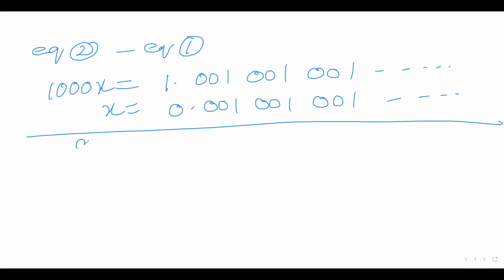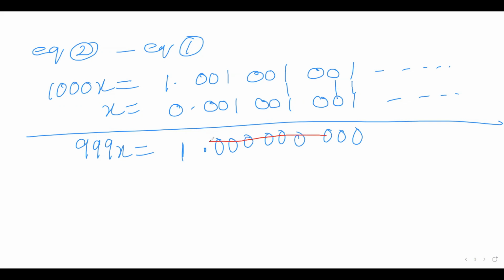1000x minus x is 999x. 1 minus 1 is 0. 0 minus 0, 0, 0. 1 minus 1, 0, 0, 0, 0, 0, 0. 1 minus 0 is 1. There is no value for zeros after the decimal point. So you will get 999x is equal to 1.